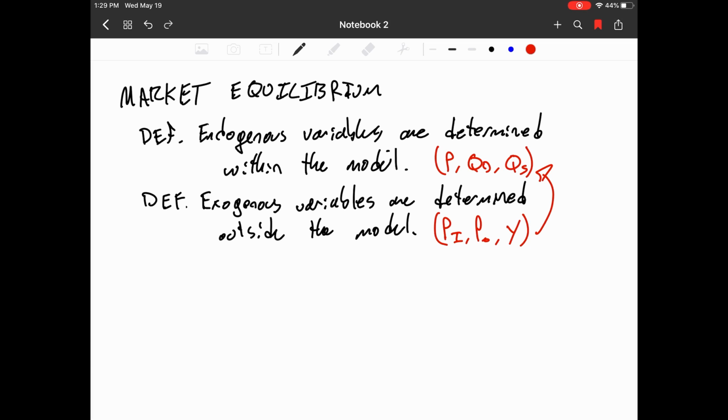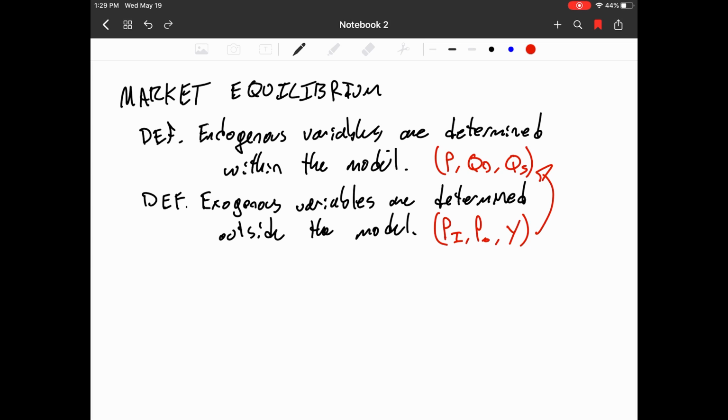And equilibrium is essentially where the system has come to a resting state, and there's no tendency for anything to change except for an external shock. So when we think about shocks, we look at our equilibrium when nothing has changed. We shock one of the exogenous variables, and then we look at what happens to the new equilibrium. This is essentially how our analysis of markets plays out.